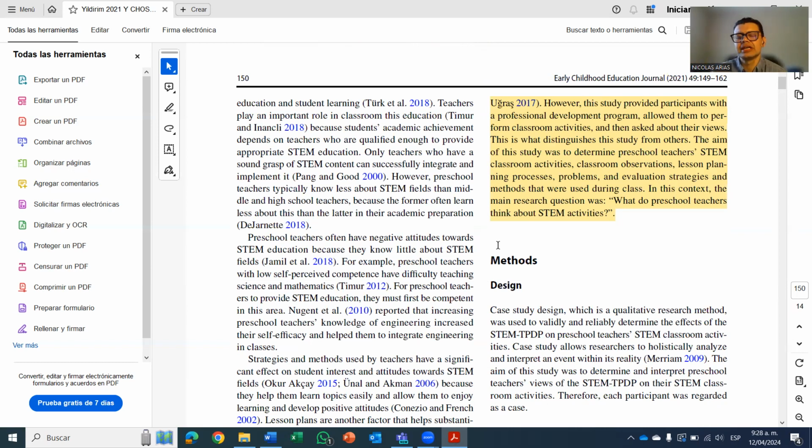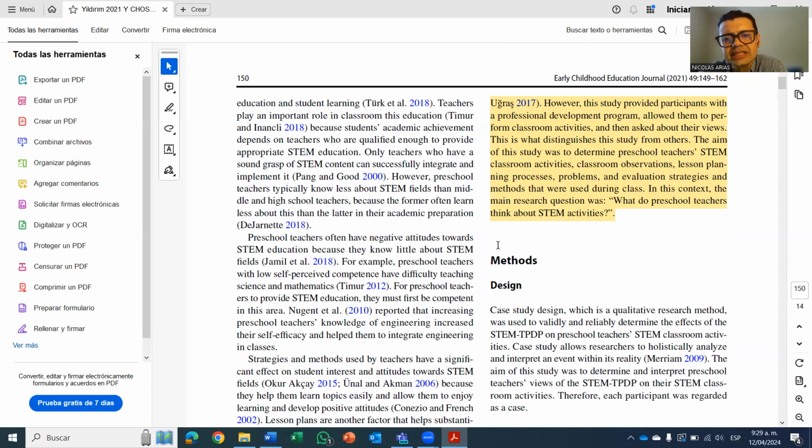This is important because they are locating the scope and how the problem is feeding the kind of study that they are proposing. However, this study provided participants with a professional development program, allowed them to perform classroom activities, and then asked about their views, what we were talking about. This is what distinguishes this study from others. The aim of this study was to determine preschool teachers' STEM classroom activities, classroom observation, lesson planning processes, problems and evaluation strategies, and methods that were used during class.